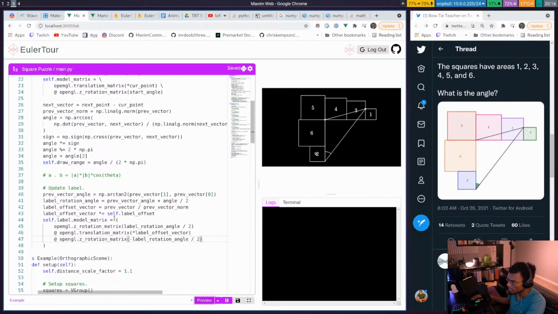Still. A label offset vector. I wonder what this is. Oh, this is an offset along the pre-vector.